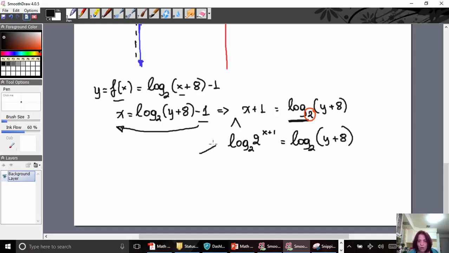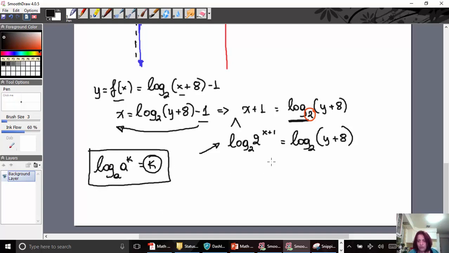Remember, I can always do this because I know that the log with base a of a to the k, for any a and k, is equal to k. So this is what I apply in order to continue with my solution.